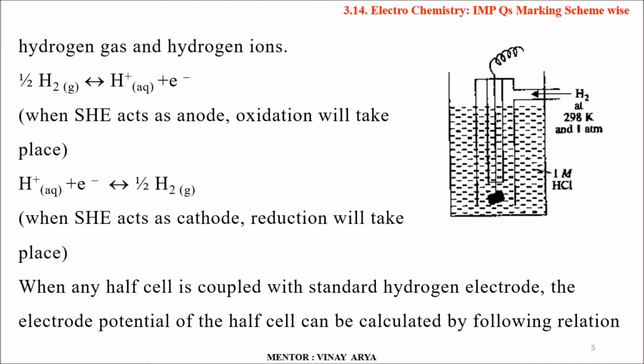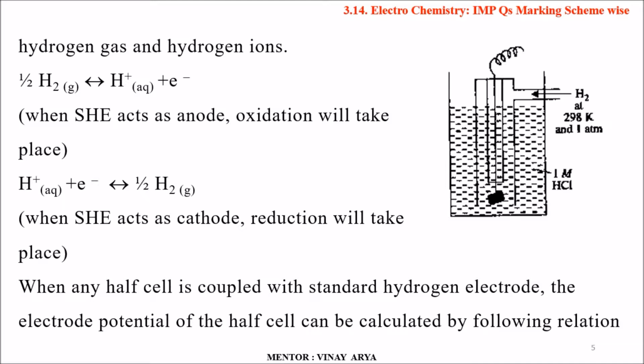But before that, let me first tell you about the hydrogen electrode. As it's very clear, three things are to be kept constant: the concentration, which is 1 M HCl, the temperature, 298 Kelvin, and the pressure, 1 atmosphere of hydrogen gas, which is inserted into this vessel. Now yet another thing, students: why take platinum?